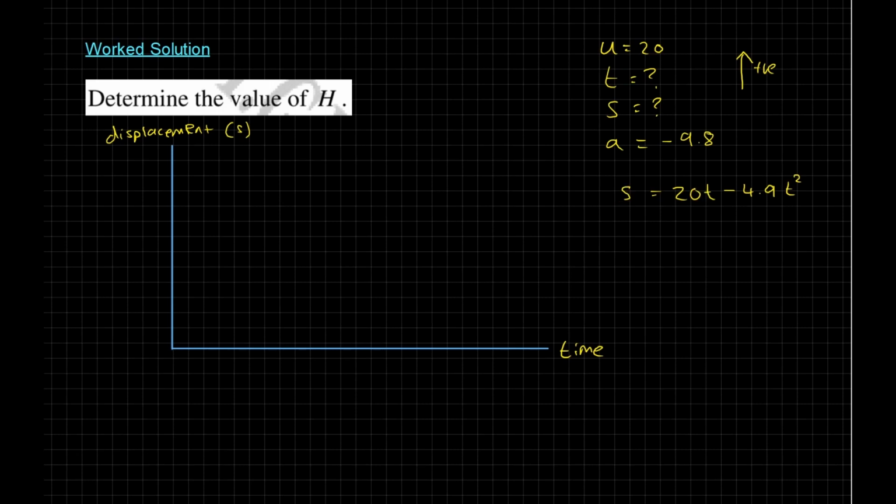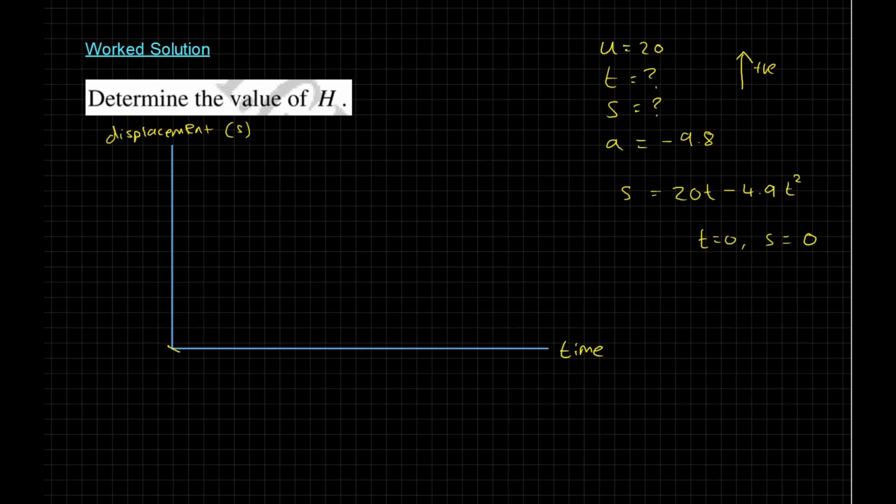So let's draw the graph. What does it look like? Let's think about some key values. When t equals 0, what's s going to be equal to? Well, it's just 0. Makes sense. I don't think we need to think too much about the finer details. What's more important is the shape.